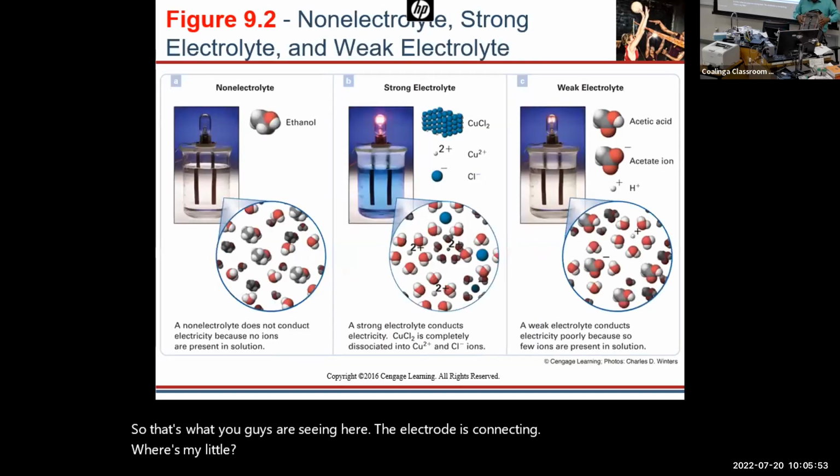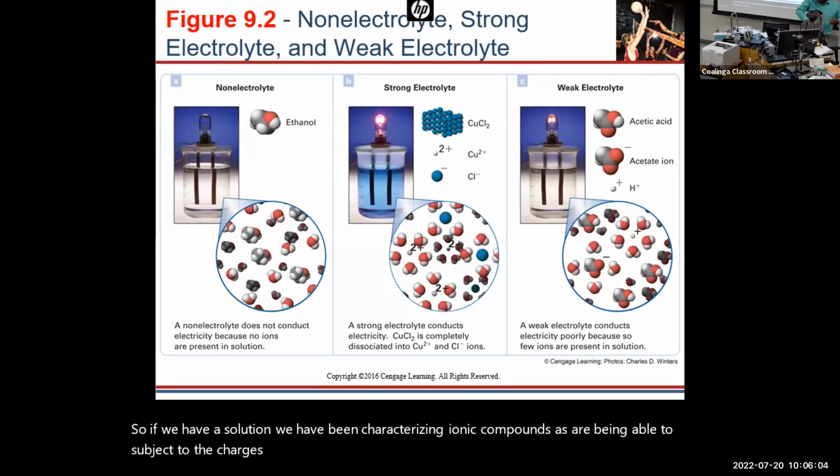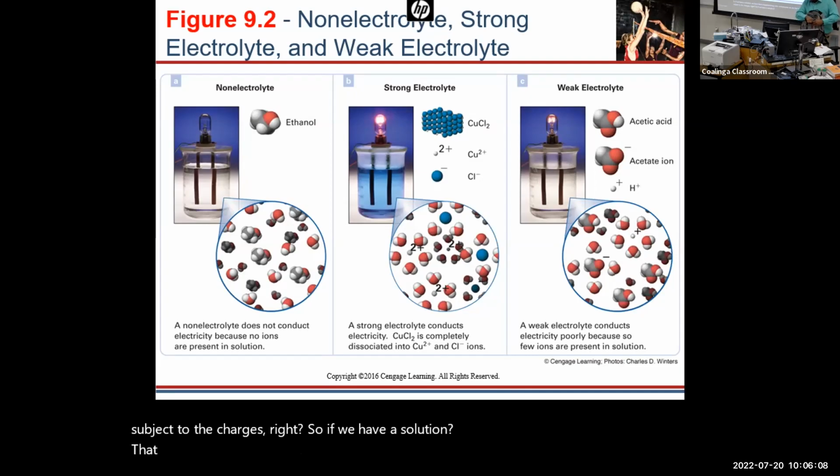So if we have a solution, we have been characterizing ionic compounds as are they able to sit there and carry charges, right? So if we have a solution that is ionic, then that means that the charges are able to break up, right?